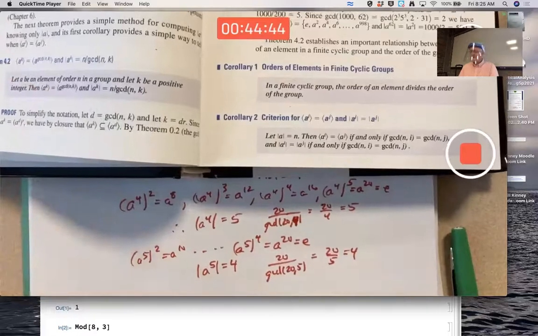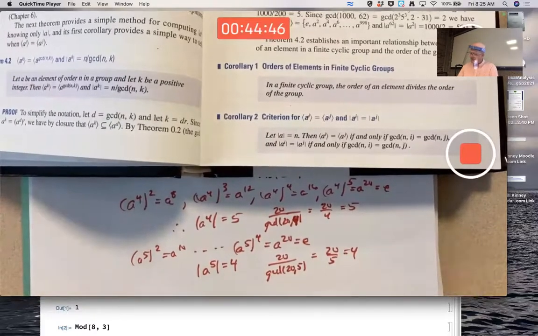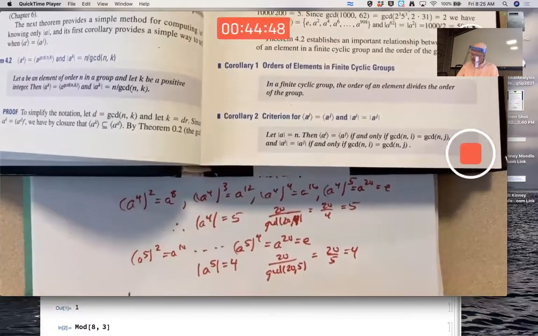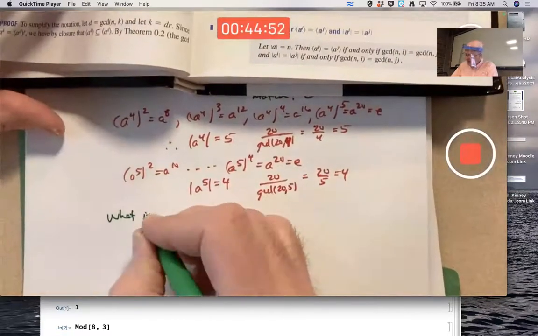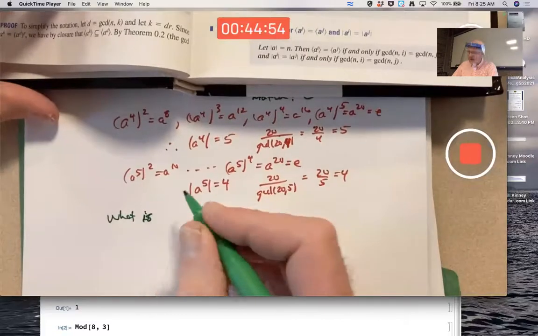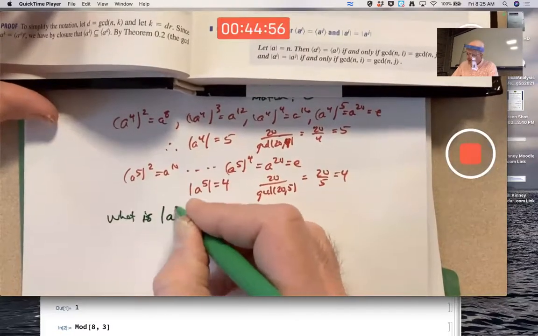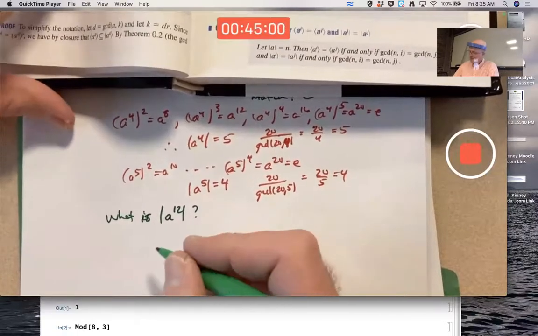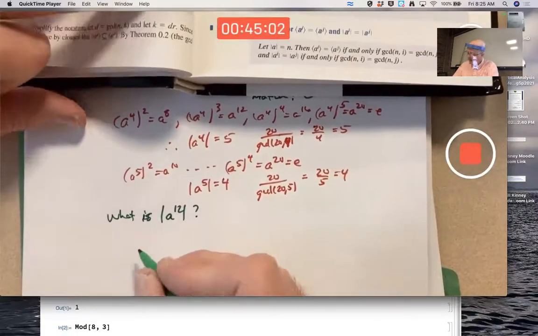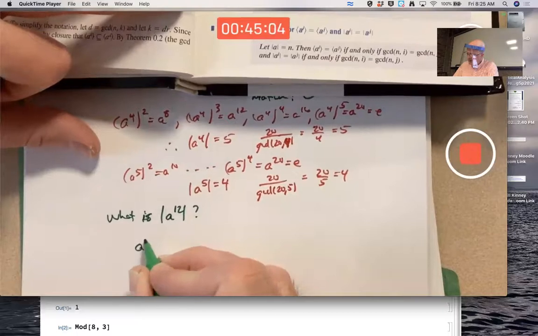We were thinking, except when we skipped 3, about divisors of 20. What is the order of a to the 12th? Before we use or compare to the theorem, let's go ahead and do the calculations.